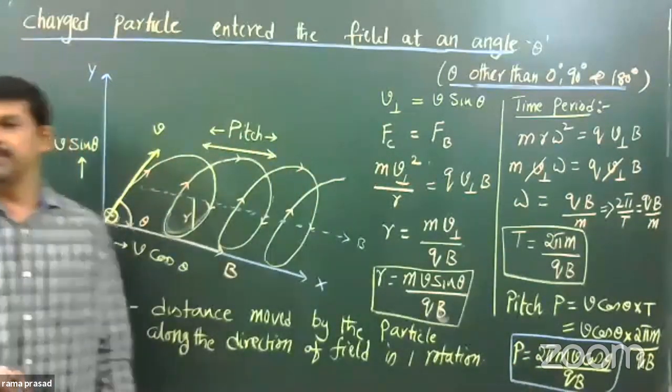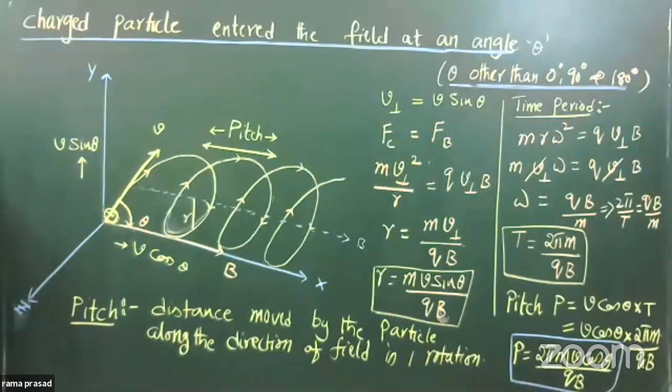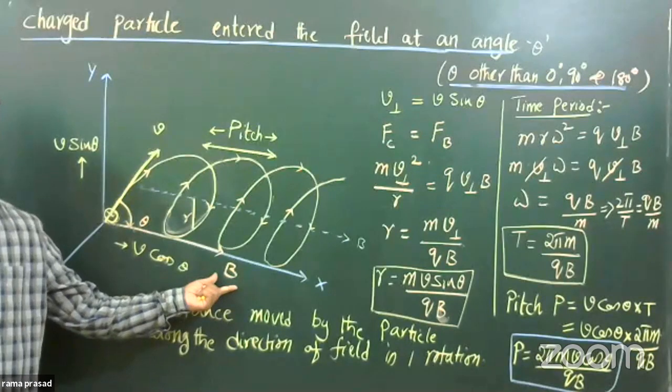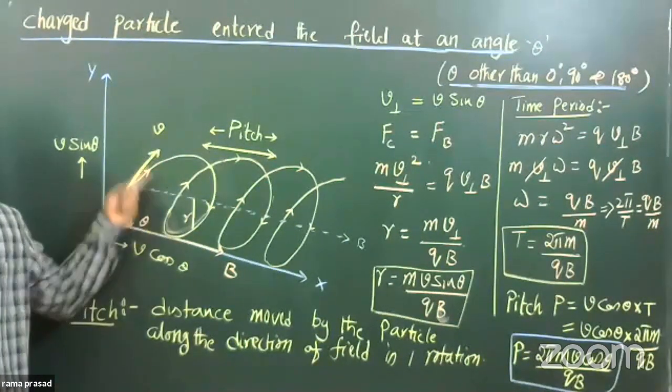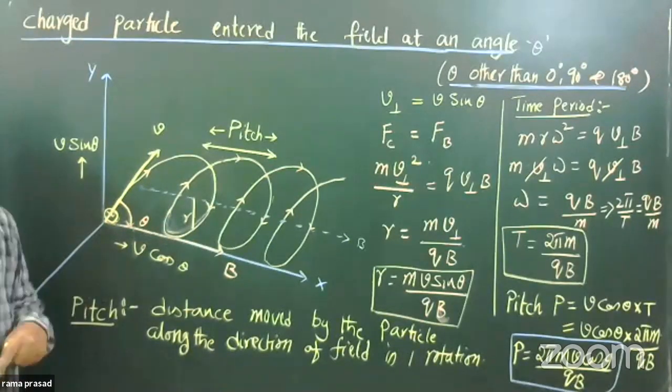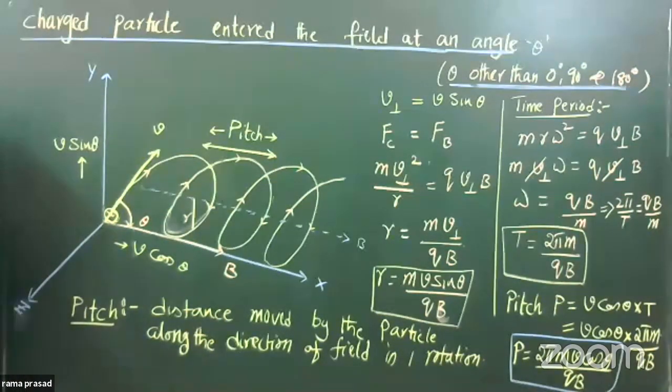Come on, note down. The terms are as usual. B is the magnetic field, v is the velocity, and theta is the angle between v and B. q is the magnitude of charge.